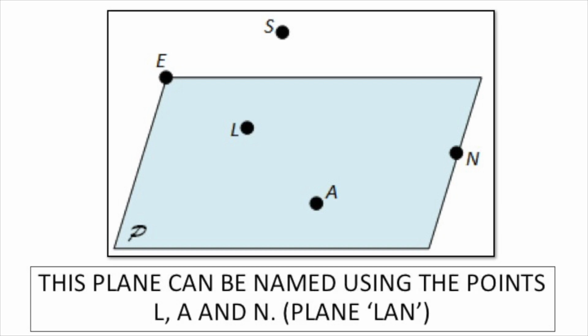This plane can be named using the points L, A, and N. Plane L, A, N. You see, L here, go down to A, and then go across and up to N. Or we could use E. We could go E, L, N. We could go L, A, N. But we couldn't go E, L, A, because then the line is straight.